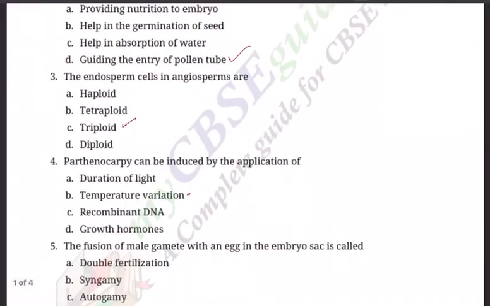Question number 4: parthenocarpy, fruit formation without fertilization, can be induced by the application of duration of light, temperature variation, of course cold treatment, recombinant DNA, or growth hormones.